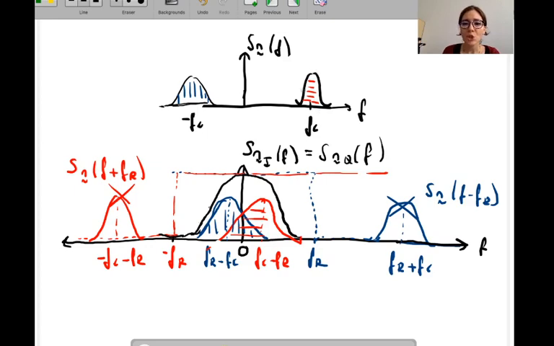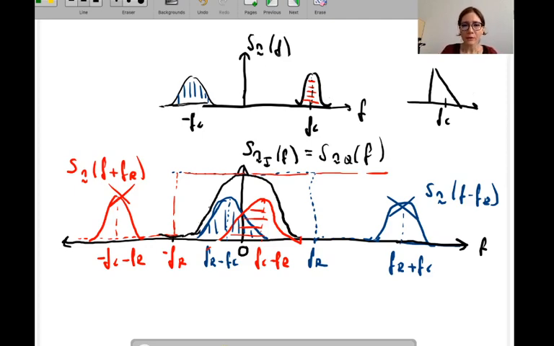Is this shape symmetric around the center frequency Fc? In my drawing, which is a bad drawing, it should be a symmetric function around this axis. For instance, if this is a triangle like this, well, this is not symmetric around Fc, right? If it were a square, like an ideal bandpass process, it would be symmetric. This is the symmetry we're talking about.